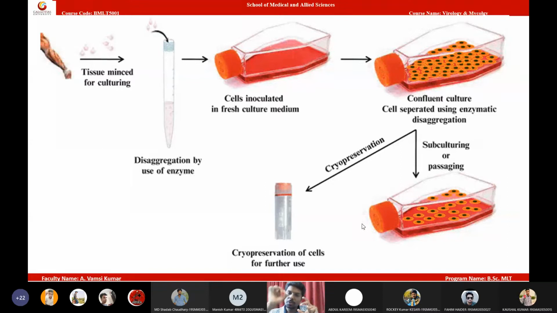And we need to give constant oxygen supply to the tissues. Really challenging. And also contamination. You should ensure that the cells are sterile and not contaminated by bacteria or other pathogens. Since there is no immune system in a flask, there is a high chance of contamination by pathogens. So we need to ensure that these cells are sterile.